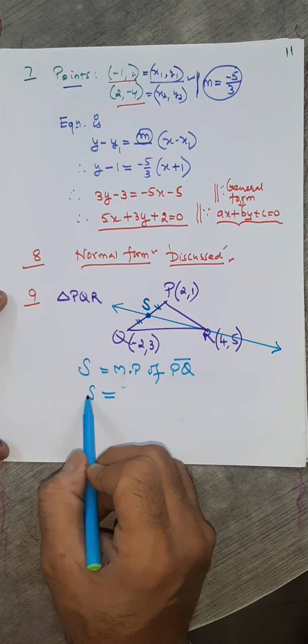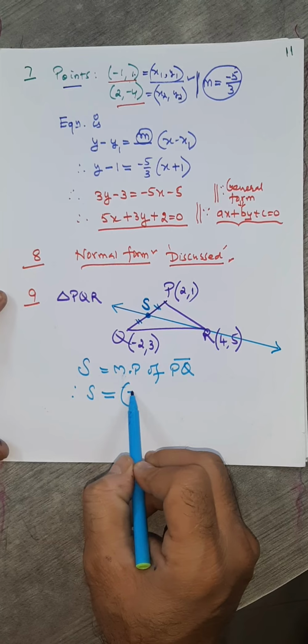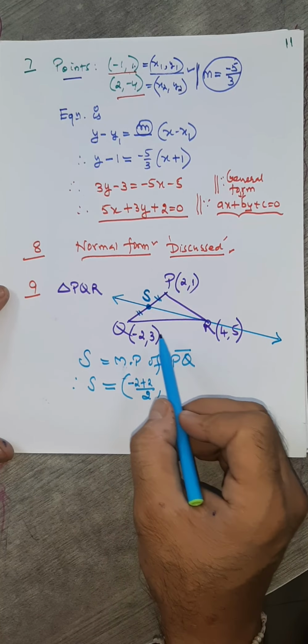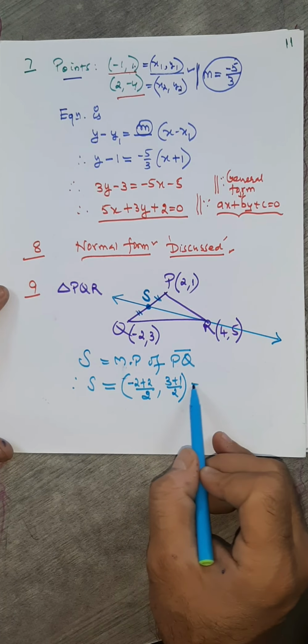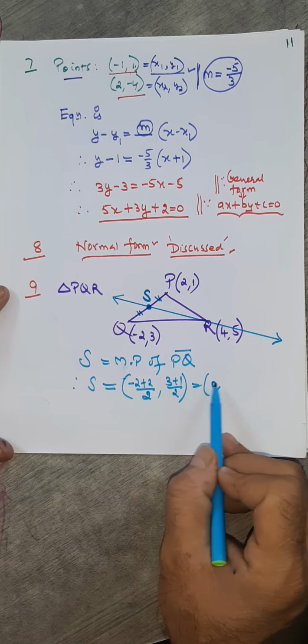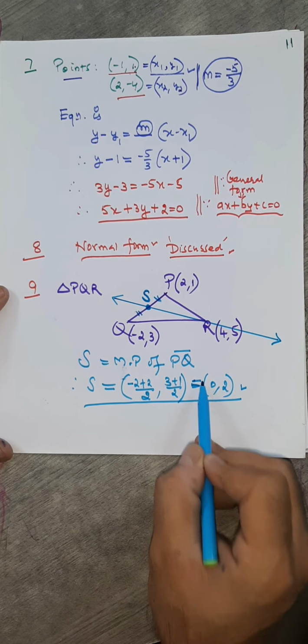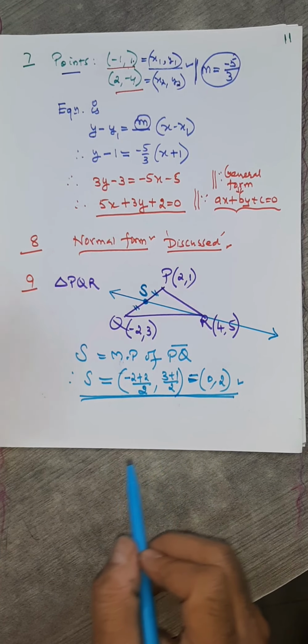How do we get the coordinates of S? Average: x1 plus x2 by 2, minus 2 plus 2 by 2, comma, 3 plus 1 by 2, average. So what do we get? This is 0 comma 4 by 2, which is 2. So S is 0 comma 2, the coordinates of point S.